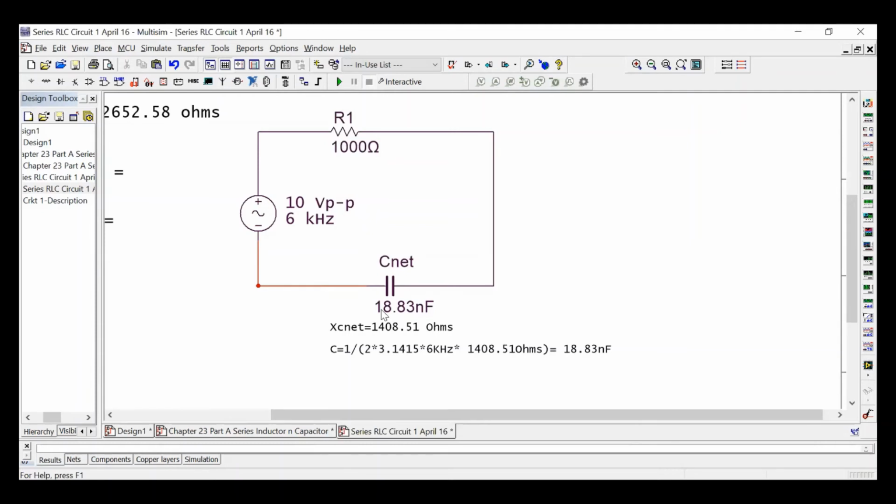All right, so this looks like a passive circuit, right? So we have X of C net, and we have R. So what are some things we can find on here? How about Z total?